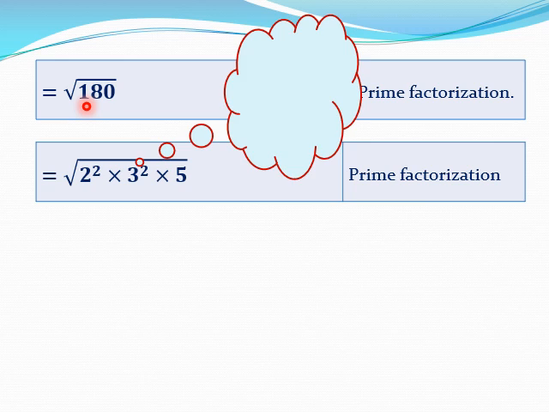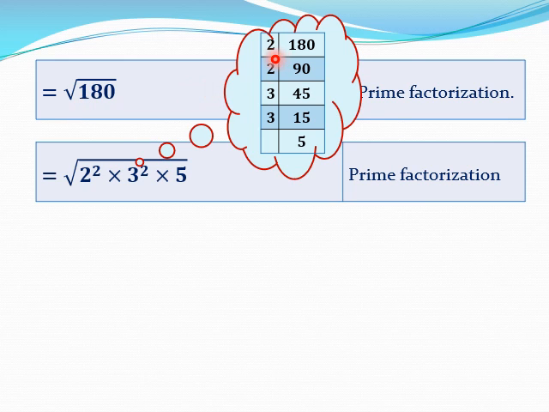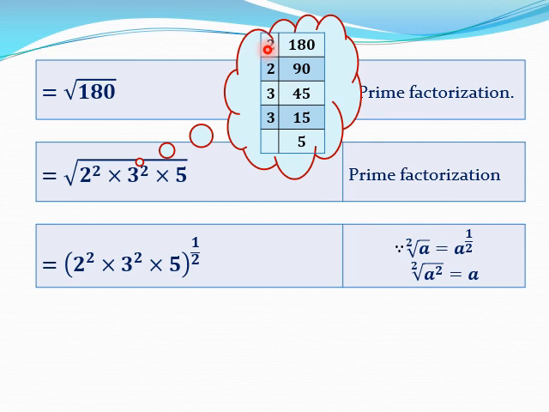The prime factors of 180 are: 2 90s are 180, 2 45s are 90, 3 15s are 45, and 3 5s are 15. So the prime factors of 180 are 2 raised to power 2, 3 raised to power 2, and 5. So prime factors of 180 are 2 square into 3 square into 5.